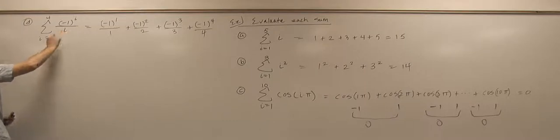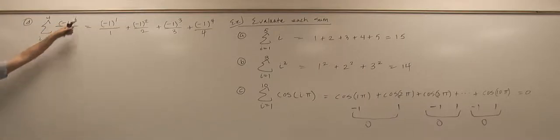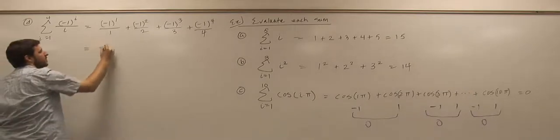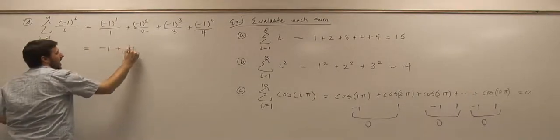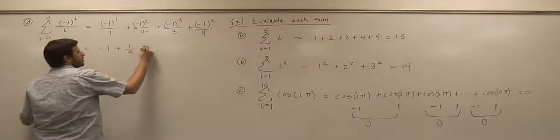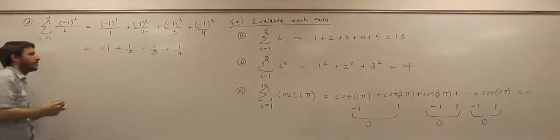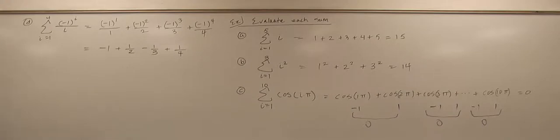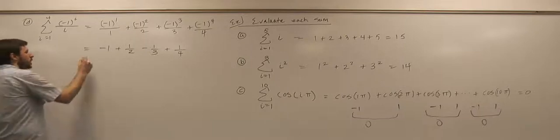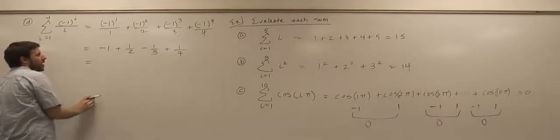Right, so you just go through and plug your i's in wherever you see an i. Add it all up. This will be negative 1 plus 1/2 minus 1/3 plus 1/4. Which if you did want to add up, you can make them all denominator 12.